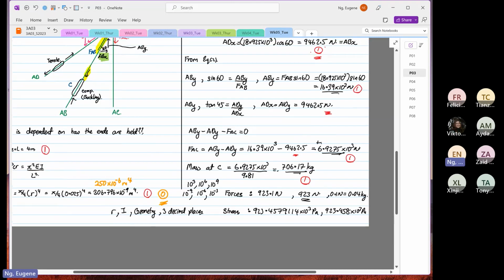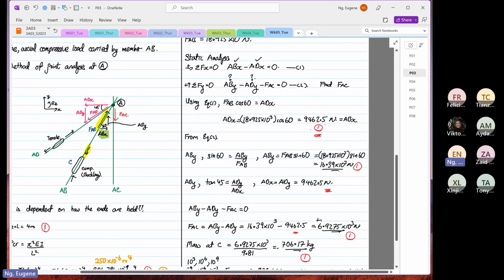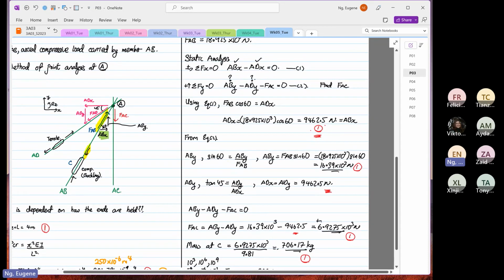So now, this is the question. I was just looking at the solution manual. They do things differently, but the outcome is the same. One thing I don't understand is how they get from the wrong second moment of area to the right answer. That's where I don't understand.